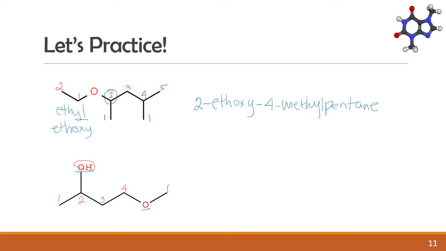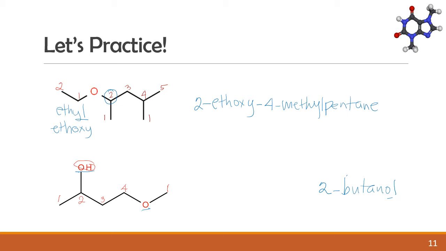A 4-carbon atom alcohol is called butanol. The ol or the hydroxyl group in butanol is attached to the second carbon. So we write 2-butanol.